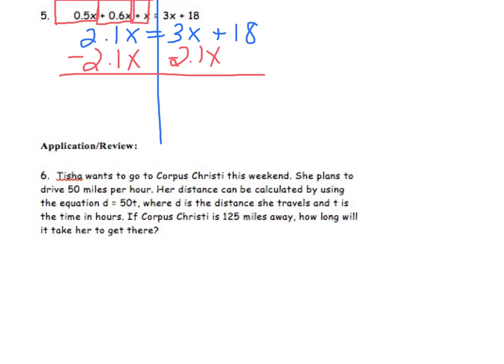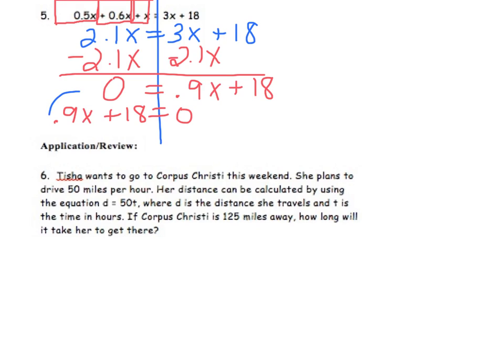But remember, what is 2.1 minus 2.1? It's still a number. Just happens to be a 0. So we got 0.9x plus 18 equals 0. No big deal. We're going to turn it around, and we're going to say 0.9x plus 18 equals 0.